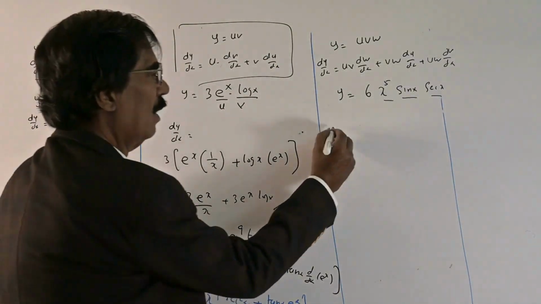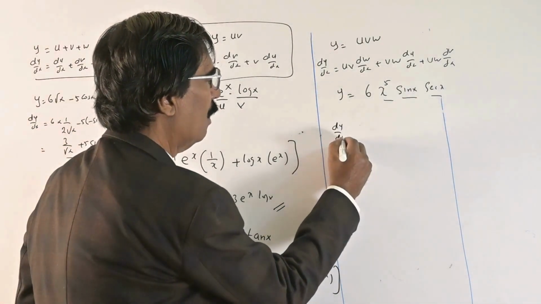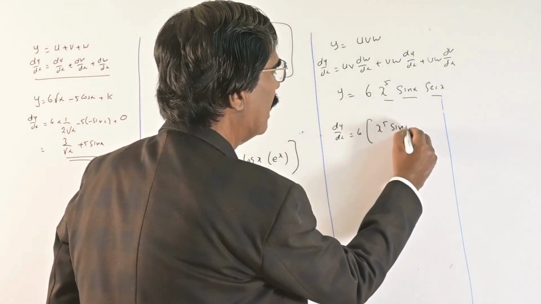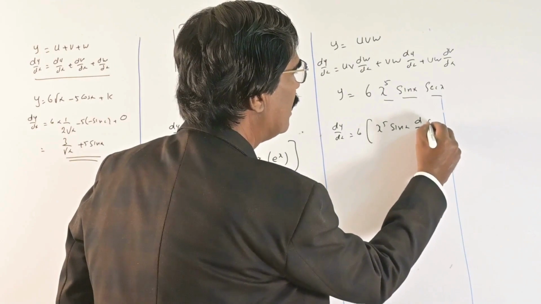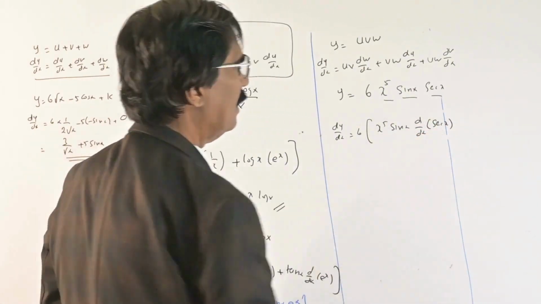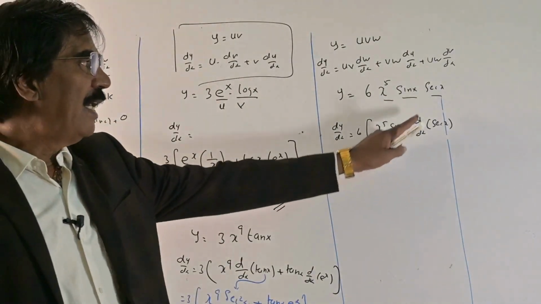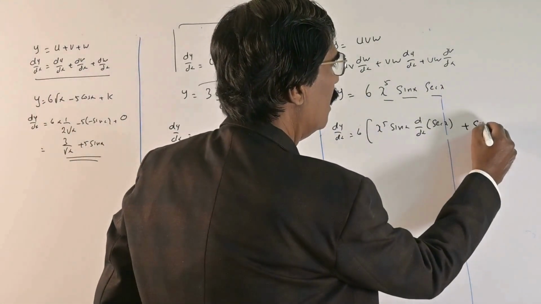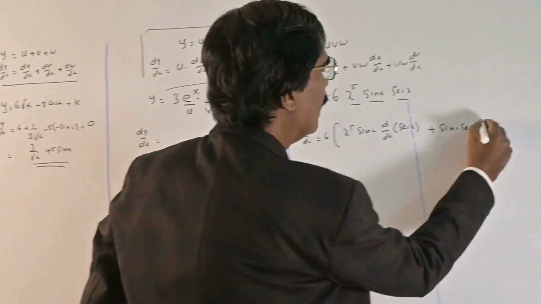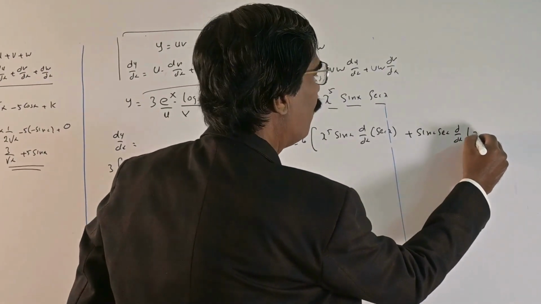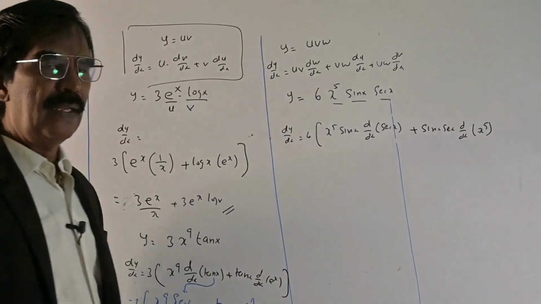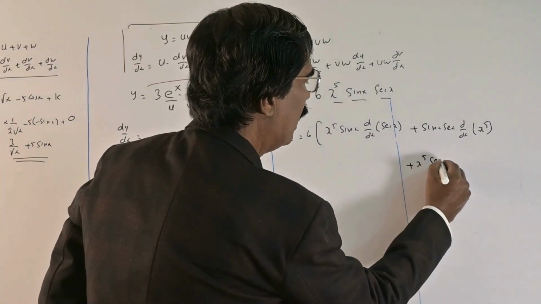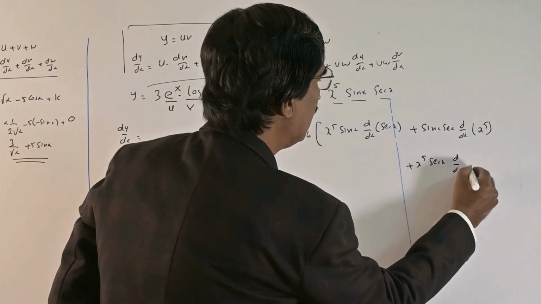Now look, dy by dx: 6 x power 5 sin x as it is, you are supposed to differentiate secant x. u v as it is, differentiating the third function w. Then sin x secant x as it is, differentiate the first function x power 5. Then x power 5 into secant x as it is, differentiate the middle function.